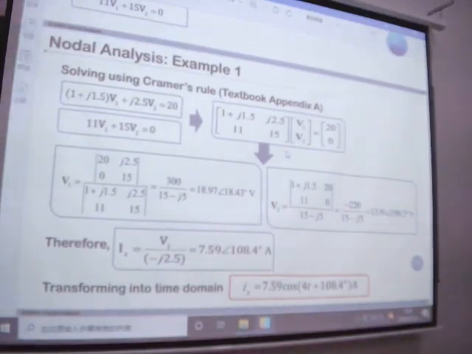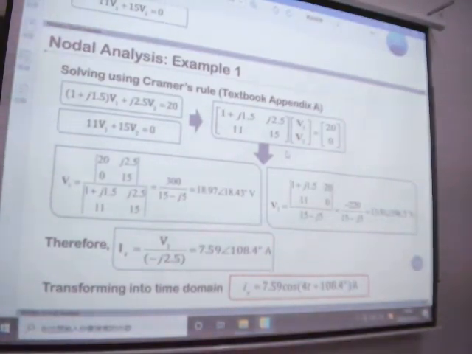By Cramer's rule, V1 is equal to delta 1 over delta. Delta is the determinant, right? Delta 1 means replacing the first column by the B vector, and calculating the determinant. Then you get V1. And for V2, we get delta 2 over delta.